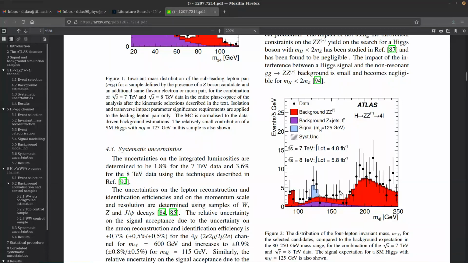So in this little area, the observed event is this, in here it is this, and in here it is this, and so on. And suppose you want to explain this black data with the hypothesis that there is no Higgs.